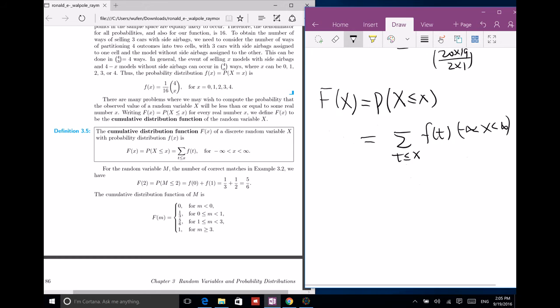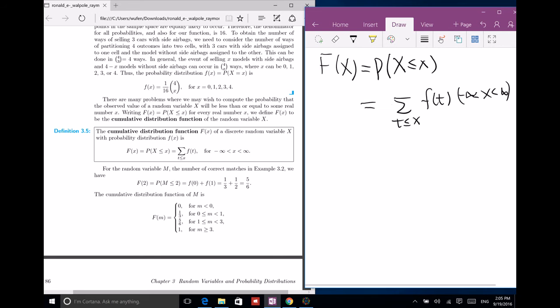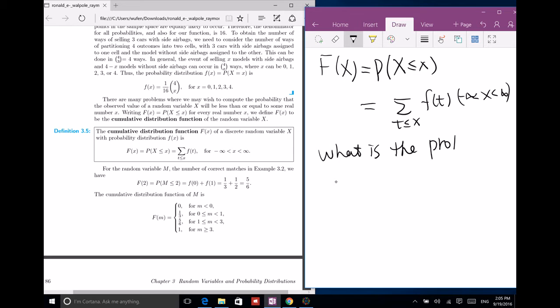We still can take this one as an example. So I can change my question. What is the probability that you get at least one computer defective?